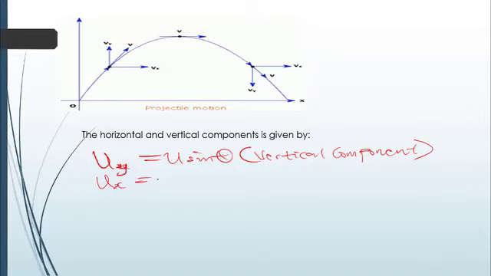Then we have Ux, which is the horizontal component. The Ux, which is the horizontal component, is going to become U cos theta. Because most times, normally, 100% of the time, X is used for the horizontal axis and Y is used for the vertical axis. So, horizontal component.